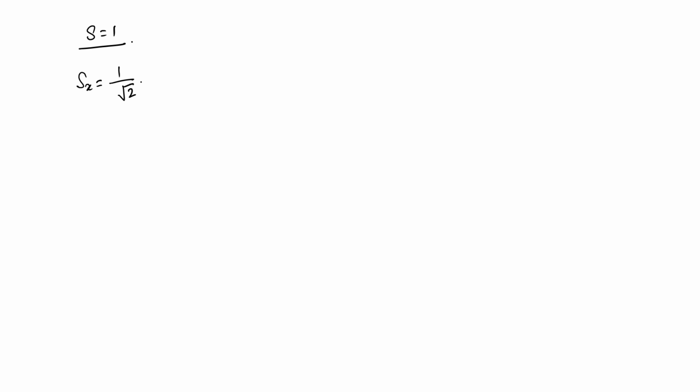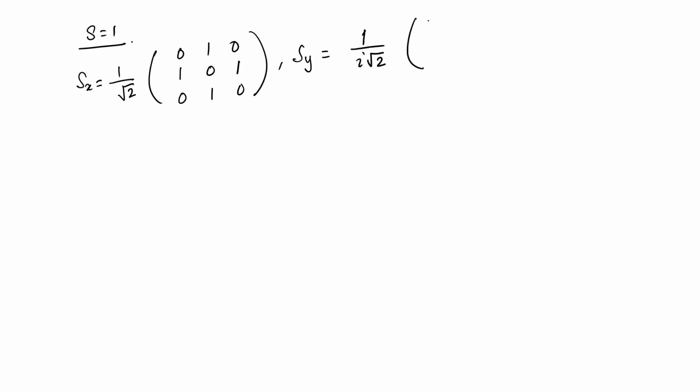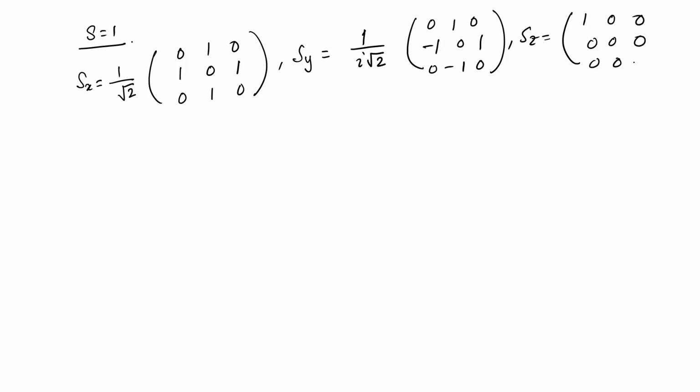So sx is 1 by root 2 times 0 1 0, 1 0 1, 0 1 0, and sy is 1 divided by i root 2 times 0 1 0, minus 1 0 1, 0 minus 1 0, and sz again is diagonal, 1 0 0, 0 0 0, 0 0 minus 1.